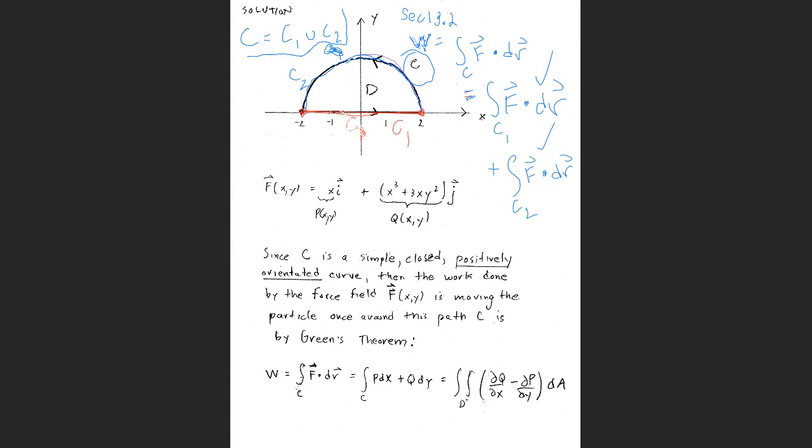All right, well, let's apply Green's theorem. So here we go. Green's theorem, to find the work. P is equal to x, and Q is equal to x cubed plus 3xy squared.